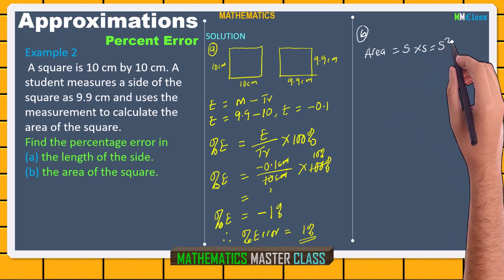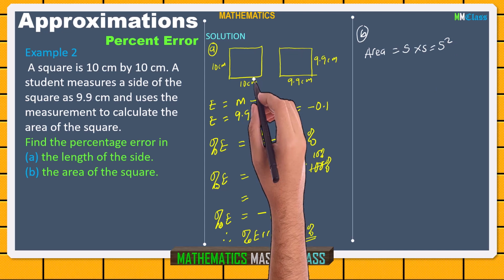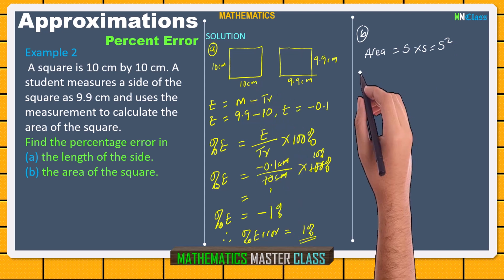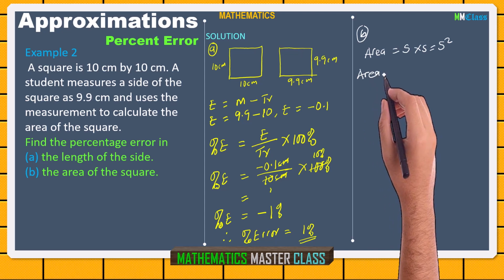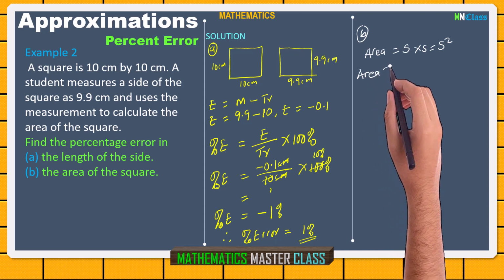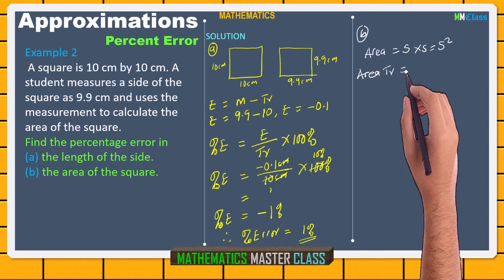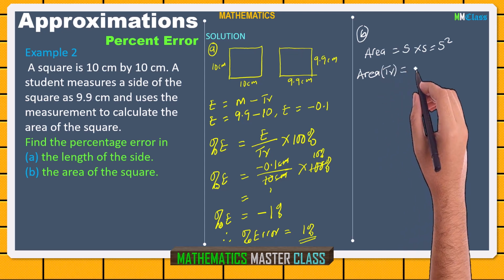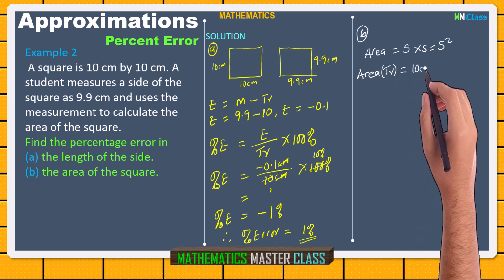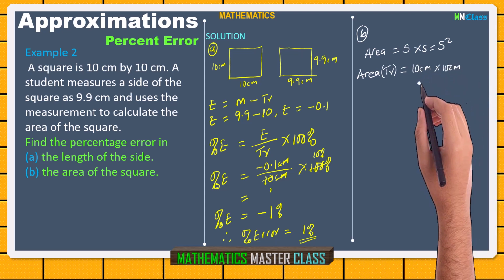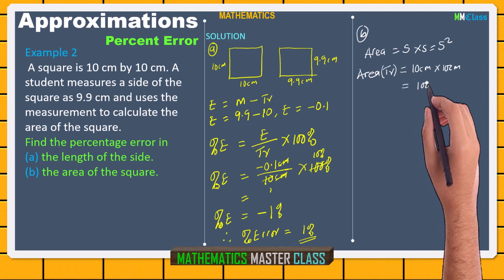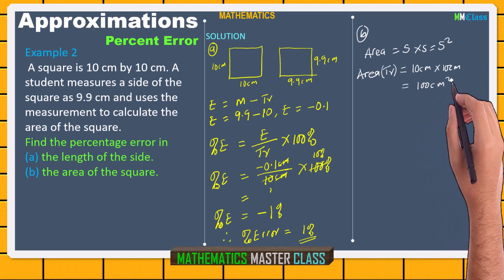But the true area, the area of the true shape, the area of the TV, TV means true value, is equal to 10 centimeters times 10 centimeters, and that will give us 100 centimeters square.